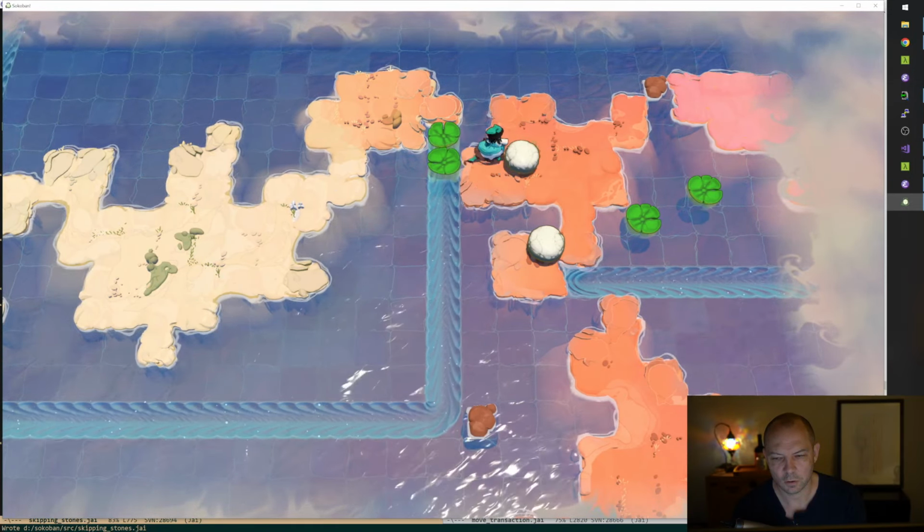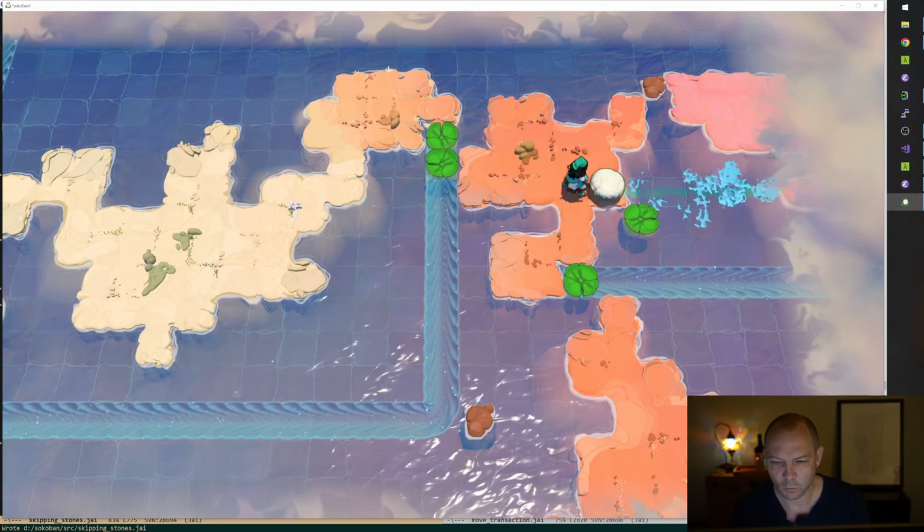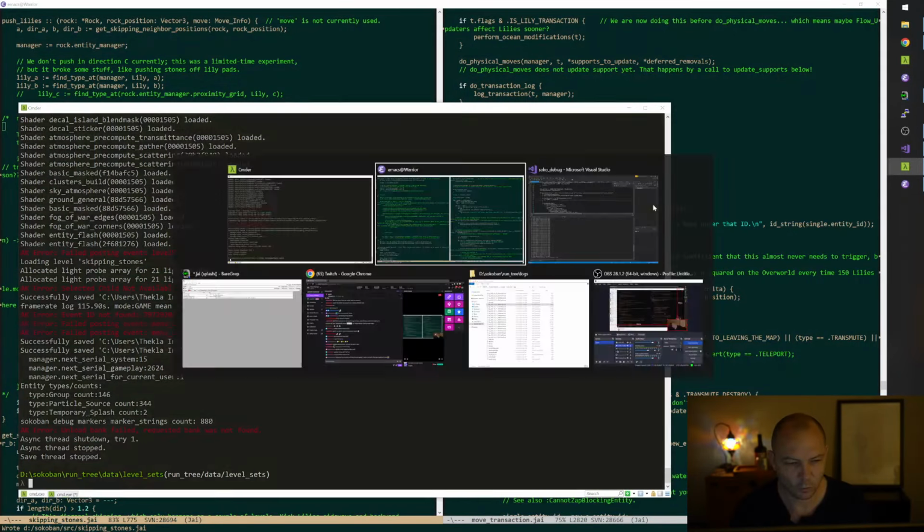Oh! What was that? Oh! Remember I said the initial square is different? Yeah, well, that's what's going on. So we need to handle that, because now we can't push one from the initial square.